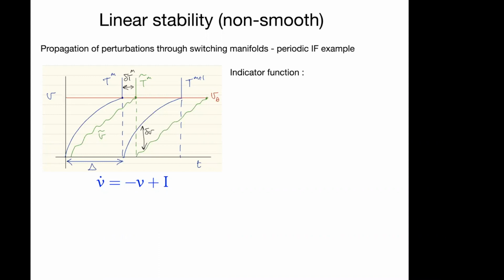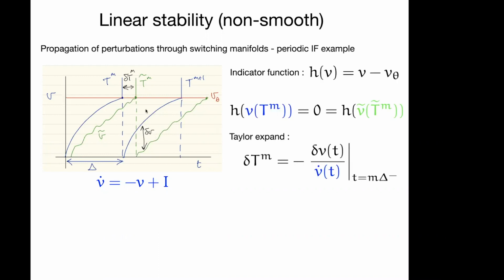And a nice way to study this is with the use of indicator functions. An indicator function just tells me how to define firing time in terms of the voltage. And the way I do that is to say, when the voltage crosses threshold, that's my event time. So it seems a bit weird to introduce this indicator function machinery. You'll see it's useful in a minute.